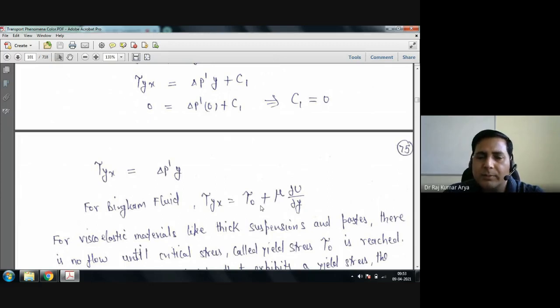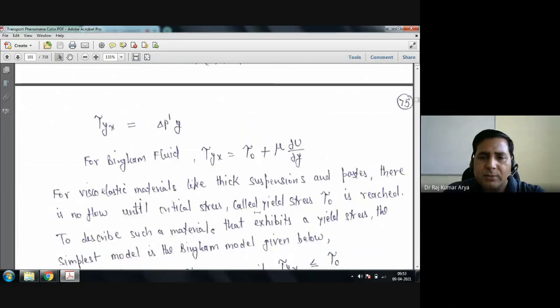When the magnitudes become the same, it will still be just 0, and something higher than that will make it flow. So this tau naught is called critical stress.